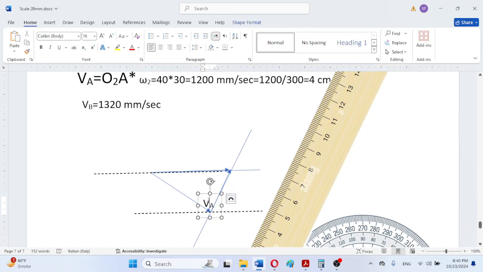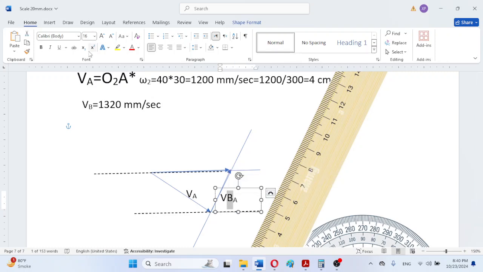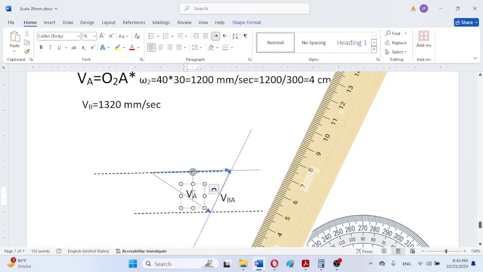We can label it here. This is the velocity vector VBA here, and this is the velocity vector VB, as mentioned.